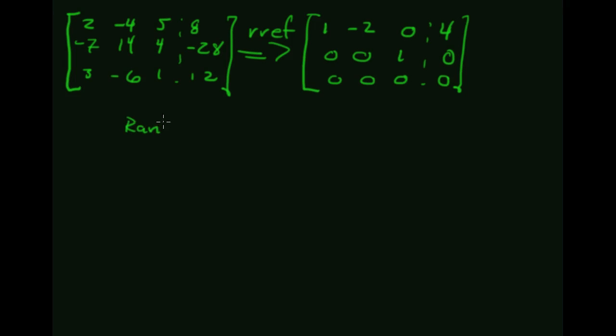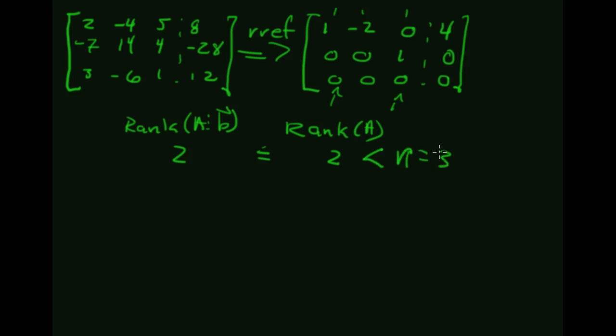All right, so let's look at what's going on here. The rank of A with B is, well, 2 columns, gets me 2. The rank of A also gets me 2, so those are equal. And n here is 1, 2, 3 columns, so that's less than n, which is 3.